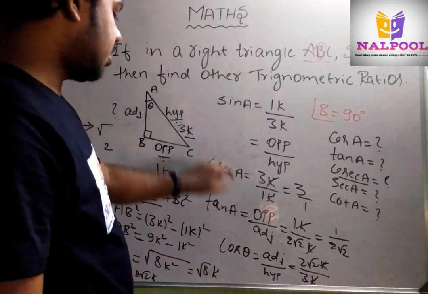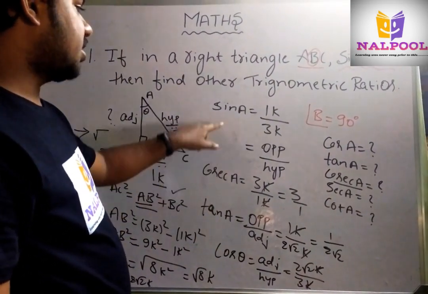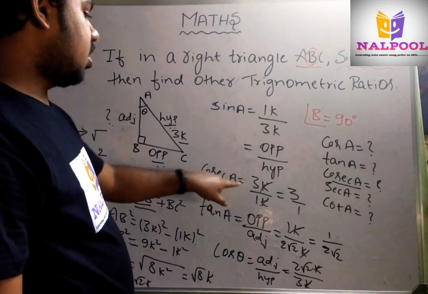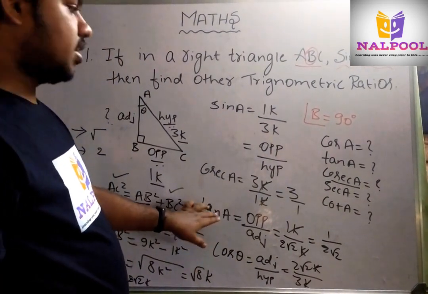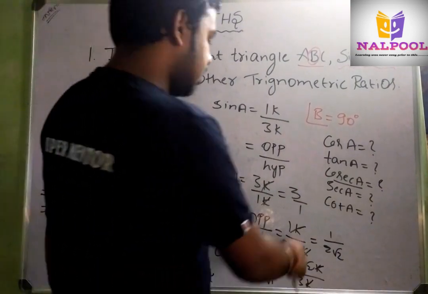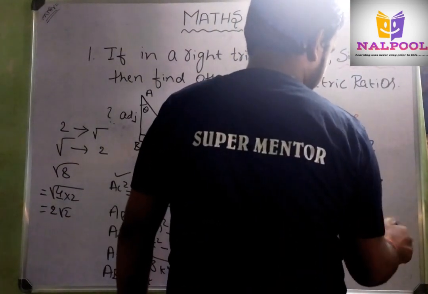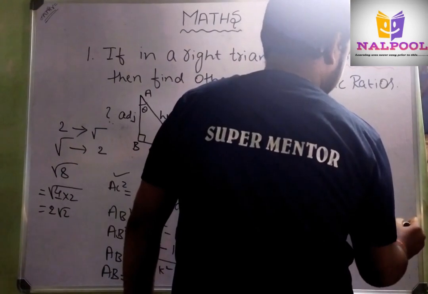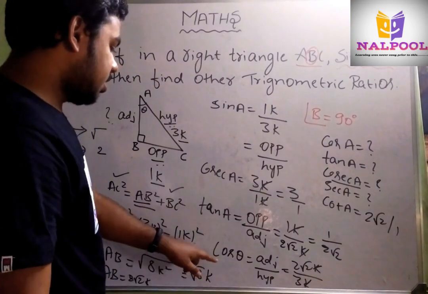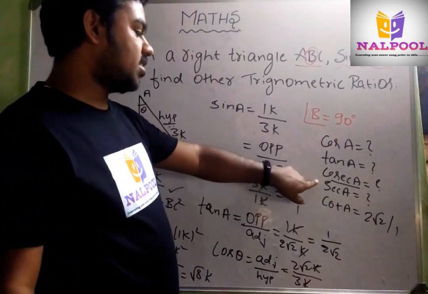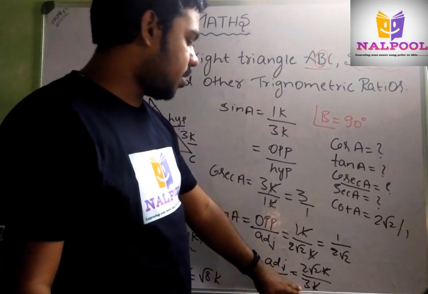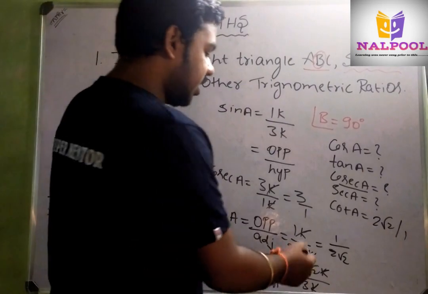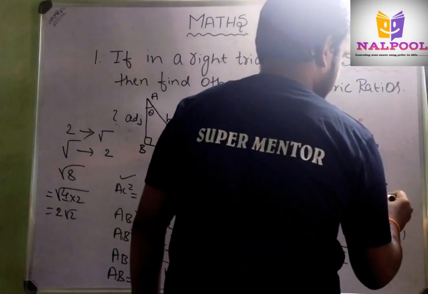Here we have sine, cos and tan. Cosecant is the reciprocal of sine. Therefore, 1 by 3 becomes 3 by 1. Then what is the reciprocal for tan? It is cot. Cot will become how much? 1 by 2 root 2 will become 2 root 2 by 1. Then what is secant theta? Secant theta is simply the reciprocal of cos theta. 2 root 2 by 3 will become 3 by 2 root 2.